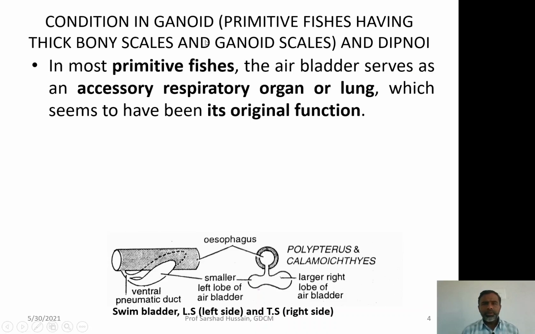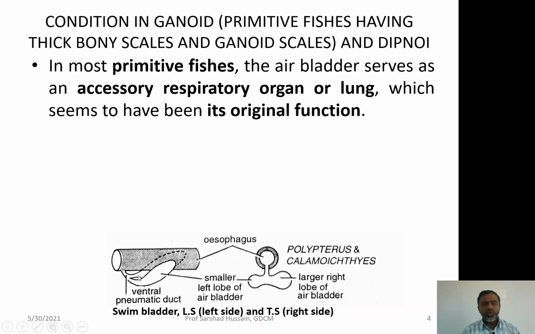Now, in primitive fishes, the air bladder is an accessory respiratory organ, and this seems to be its original function, because here you can see it is attached to the digestive tract. When the fish gulps air into the digestive tract, it goes on to fill this gas bladder.